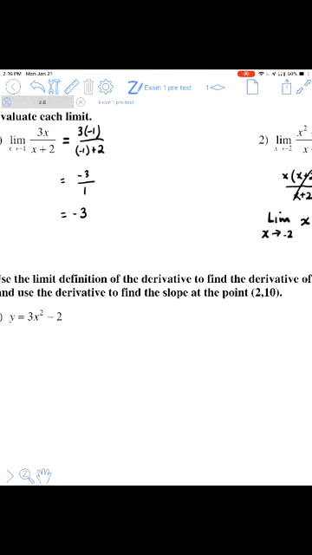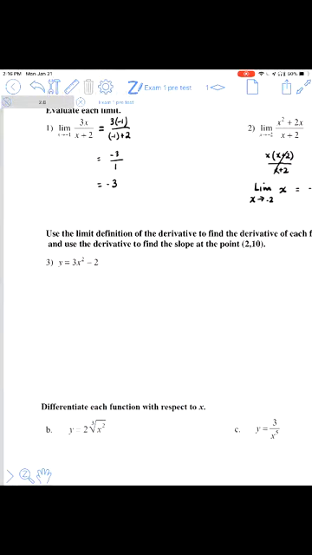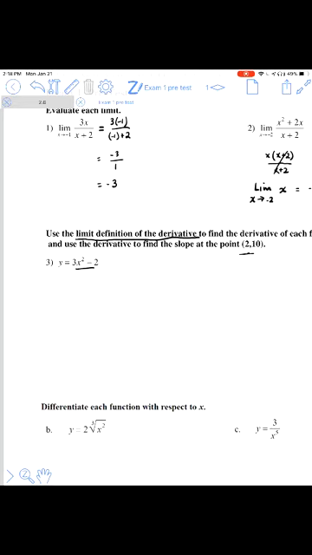Okay, question 3 specifically does say to use the limit definition of the derivative to find the derivative of this function here, but also once you have the derivative, use that to find the slope of the tangent line at that point. So limit as delta x approaches 0.